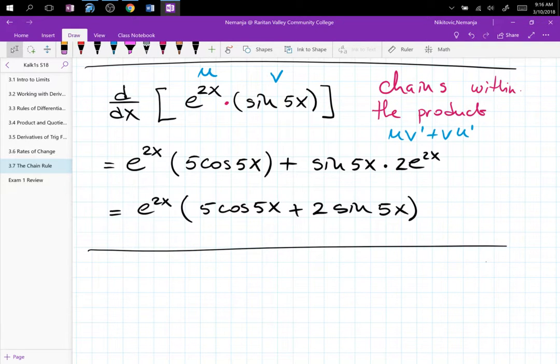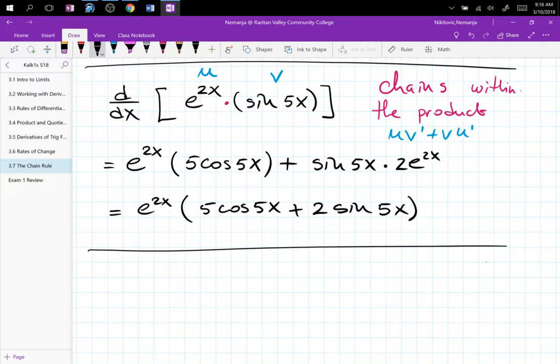So in this problem, we had the product rule, and each individual piece had the chain rule inside. Let me give you one of the solutions for differential equations that you have to differentiate twice to check if it's a valid solution.